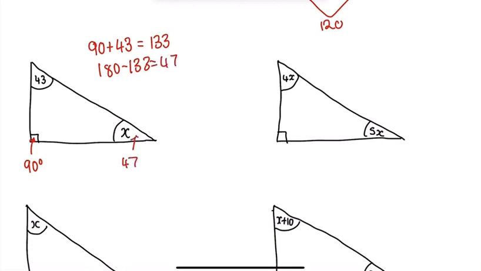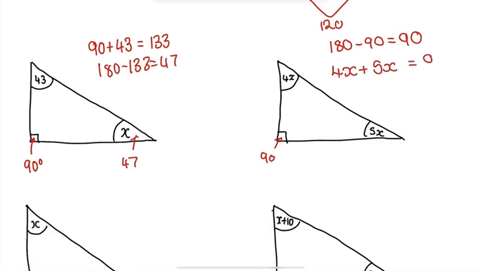Now with this other angle, I'm going to go exactly the same. I know that I've got 180 and I know that this angle here is 90. So therefore I've got 90 degrees left. But we know that 4x and that 5x there must be equal to that 90 degrees that we have left over.